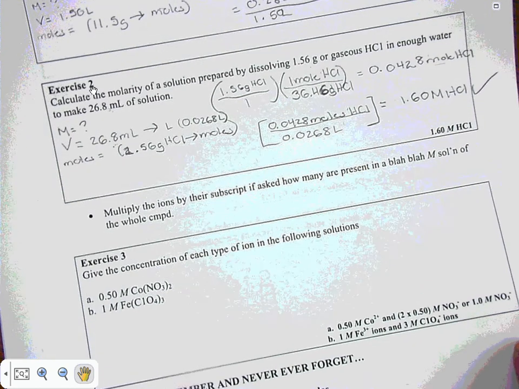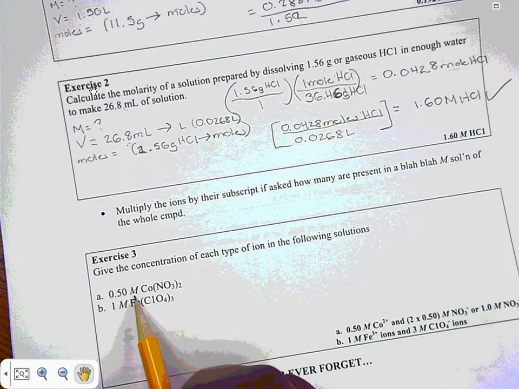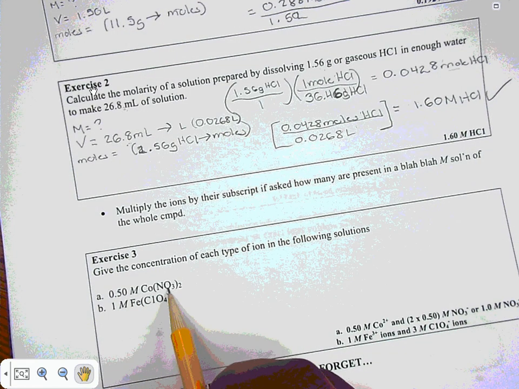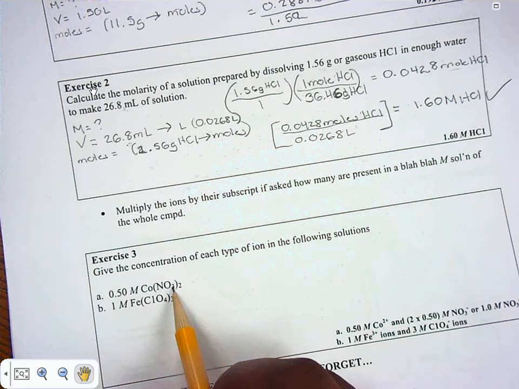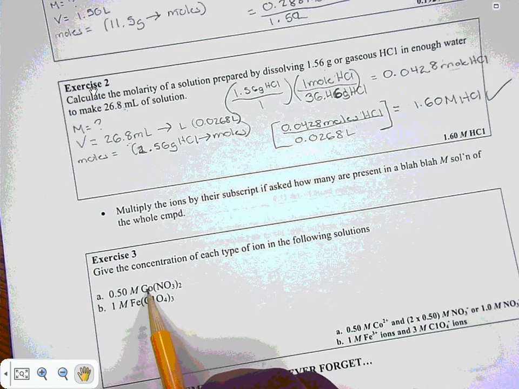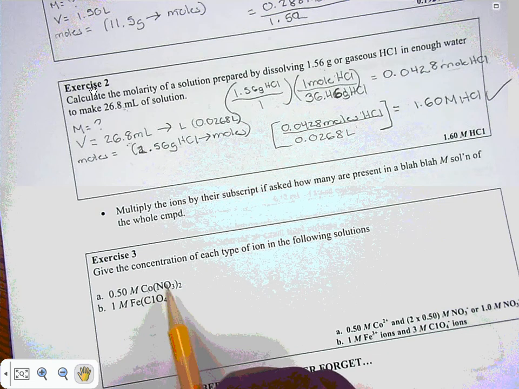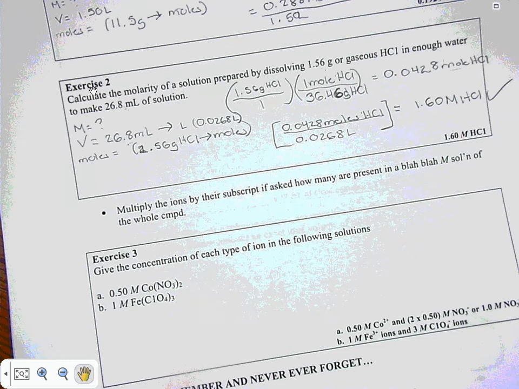So if we're looking at a molar concentration of 0.50 cobalt nitrate, well, cobalt 2 nitrate, excuse me, they are tasking us with determining what will be the relative ion concentration of each of these two ions. Now, prior knowledge kicks in here.